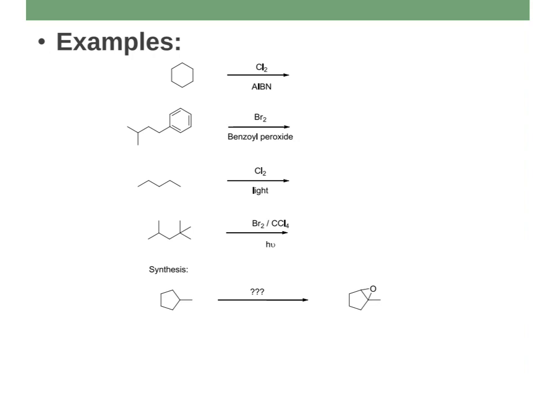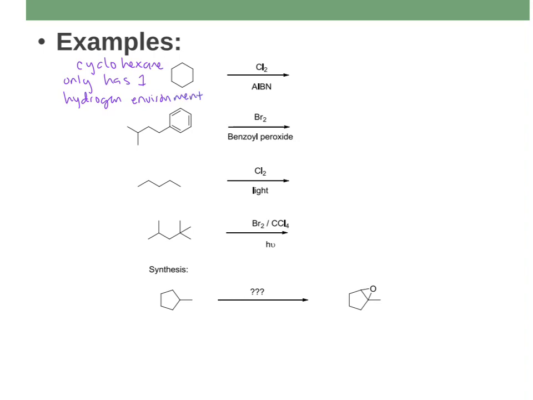This first one is a good example, right, where there's only one hydrogen environment on this cyclohexane. Cyclohexane only has one hydrogen environment, right?